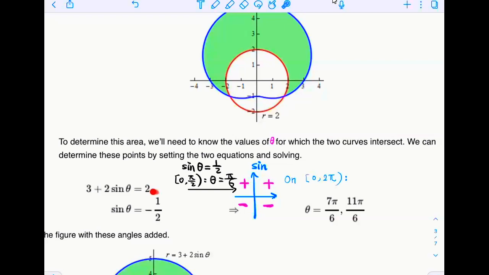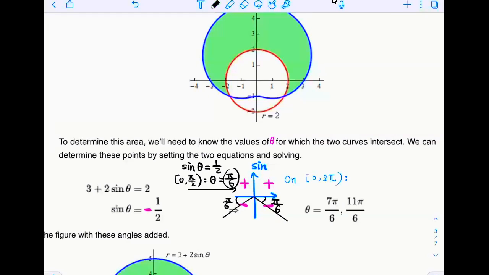So this is negative. Therefore, you go to these two quadrants, and then you draw this reference angle pi over 6, and then you draw this reference angle pi over 6.